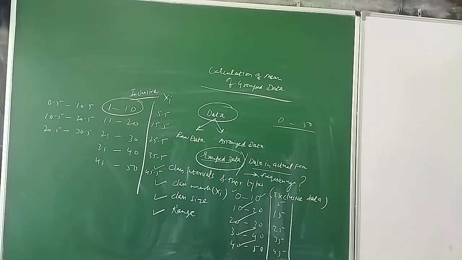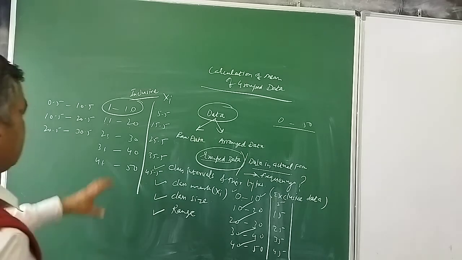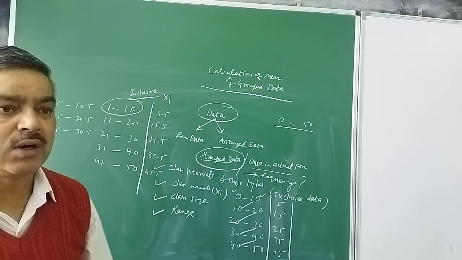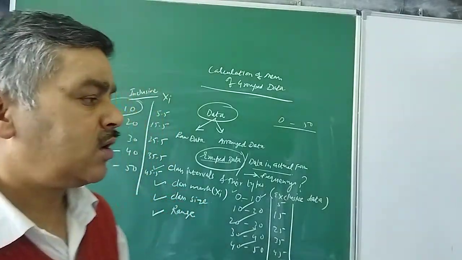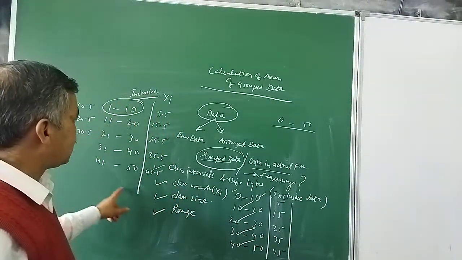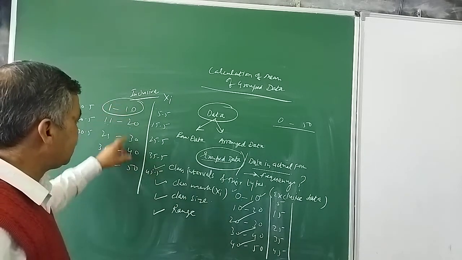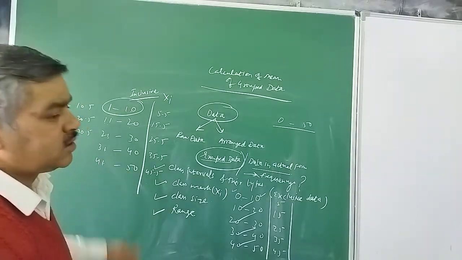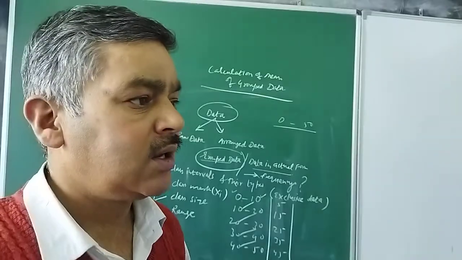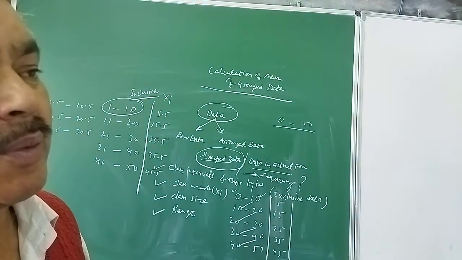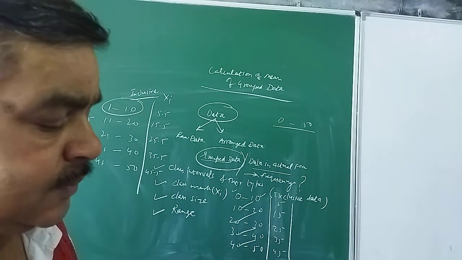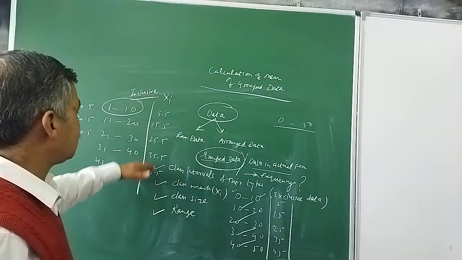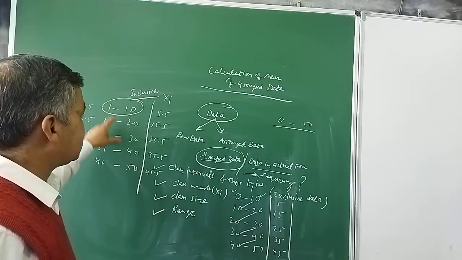So mean is an average value. If you want to work it out within this form of data, that is the inclusive form, definitely you go ahead. Now is the exact answer, that is the mean, present in this data in actual? Not necessarily. So mean is not an appropriate measure of central tendency. It is an average value, so I can work it out within this also, but it will always fall in its range.